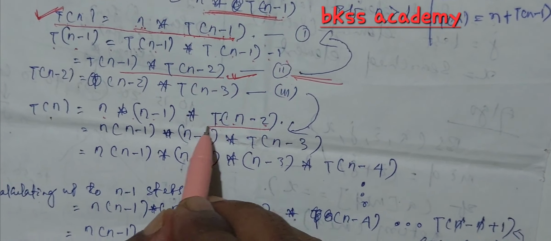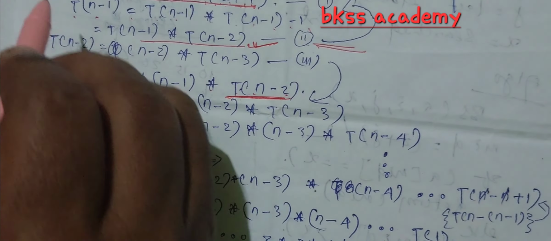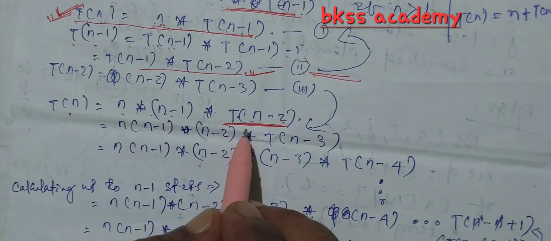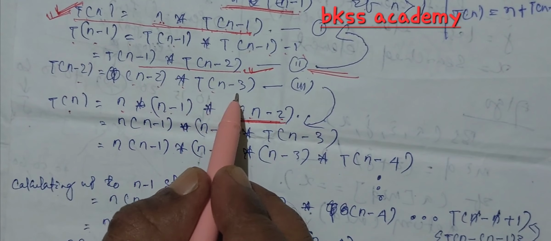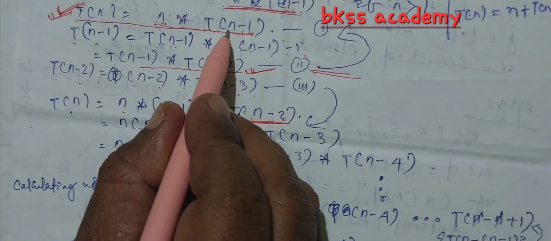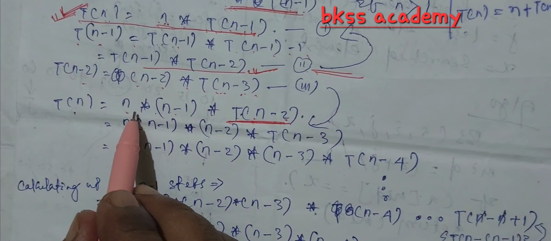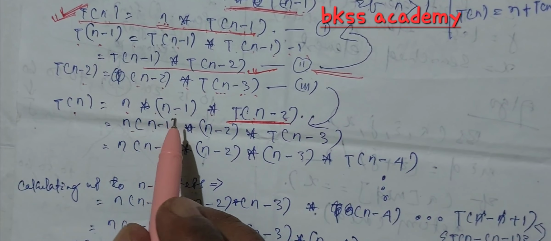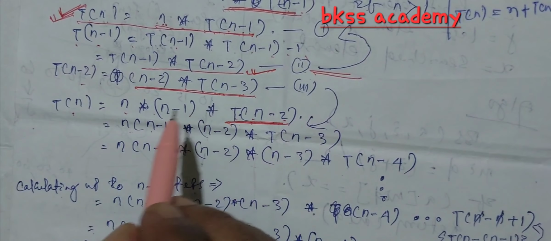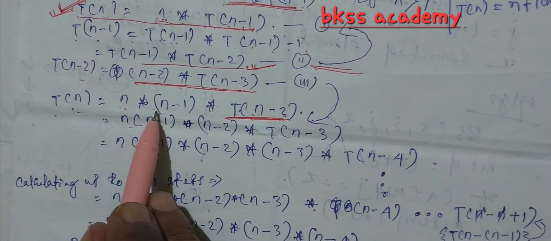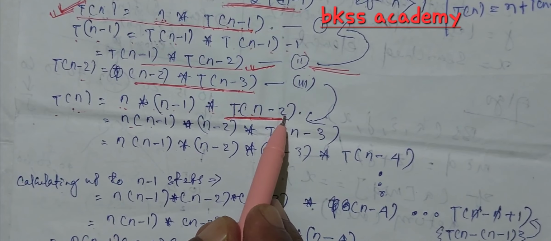This is also an undiscovered part of the equation. For calculating this, by the similar formula, T(n-2) will be (n-2) into T(n-3), because (n-2)-1 is n-3. By putting the value of T(n-2), T(n) will be n into (n-1) into T(n-2).